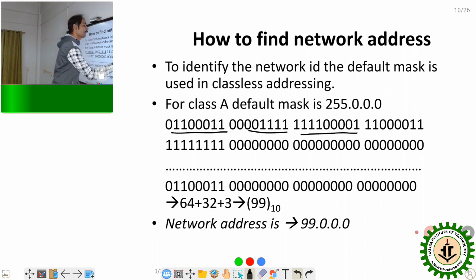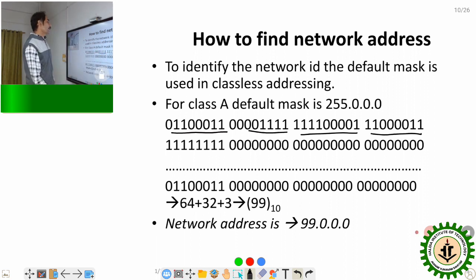Although it is the binary equivalent, we can find out its dotted decimal equivalent as well. Our task is to perform the bitwise AND operation, and this is the mask you can follow: 255.0.0.0, which is the default mask of class A, because this IP belongs to class A as its starting bit is 0.